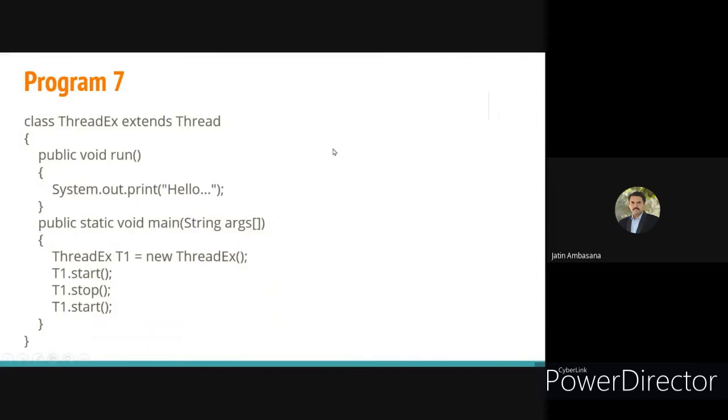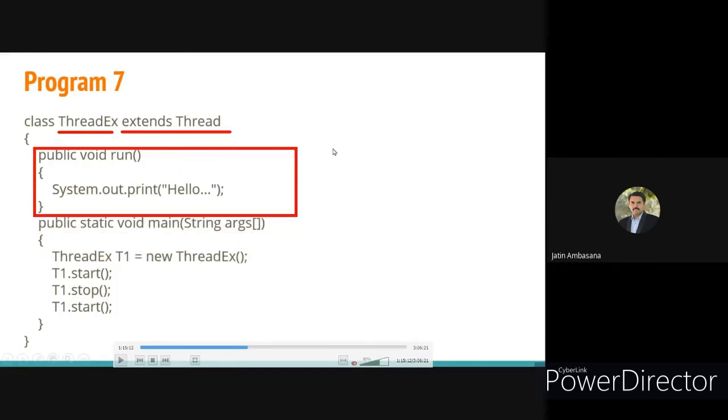Okay. So what will be the output of this particular program? Any guess? Here we have a ThreadEx class which extends Thread and overrides the run method.